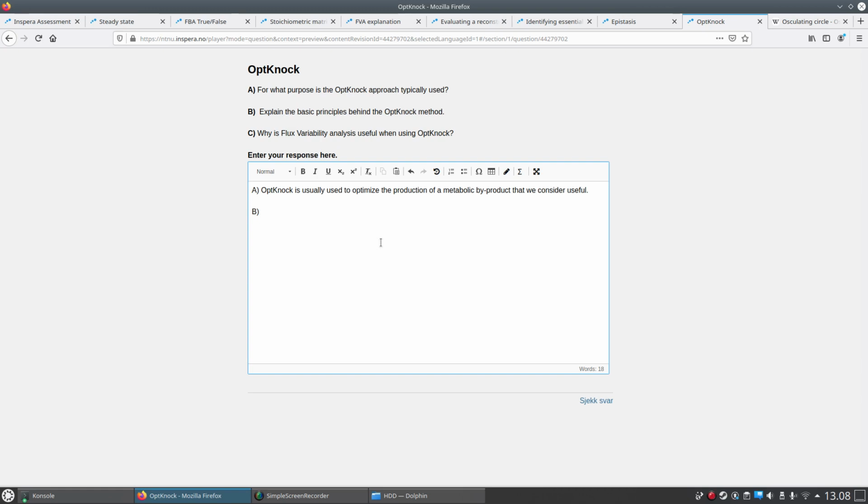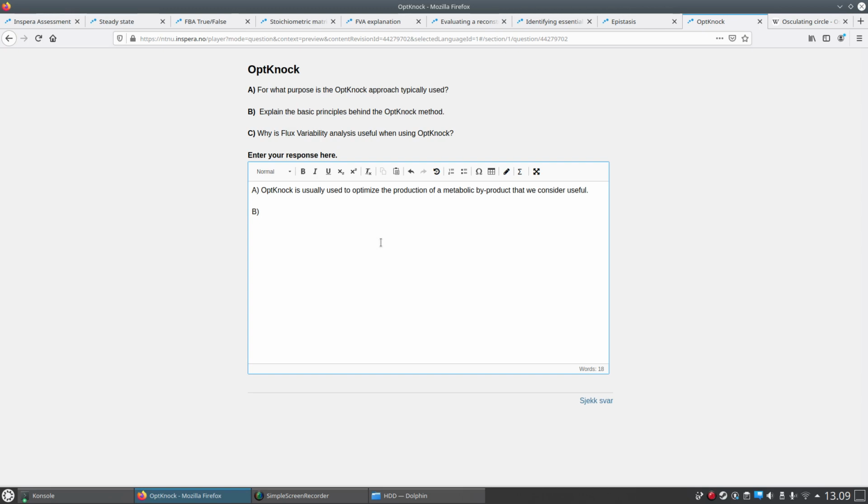But if we force it to be anaerobic, the cell becomes forced to produce alcohol as a byproduct, because the only pathways it has that work for it in an anaerobic environment have alcohol or ethanol as a necessary byproduct. And OptKnock essentially does the same, except instead of forcing cell behavior through changing the nutrient environment, we're forcing cell behavior through genetic manipulation.